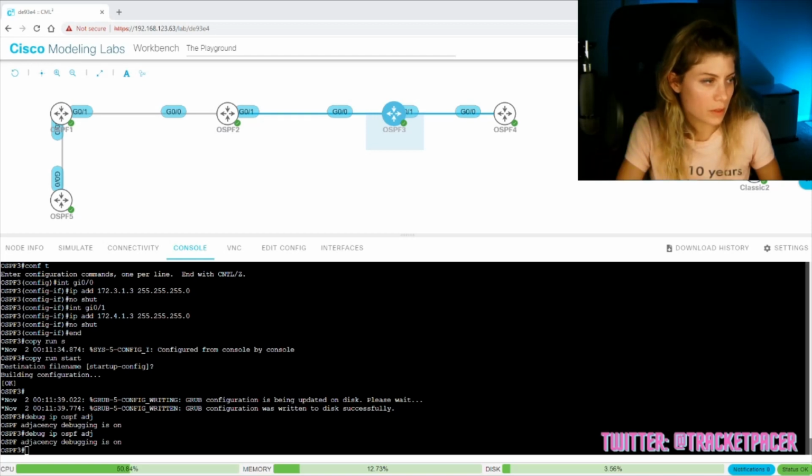Point to multi-point, completion frame relay. I'm not doing frame relay. I will just lose points on the test. I don't even care. Does not use a DR for the OSPF. Multi-point, okay.